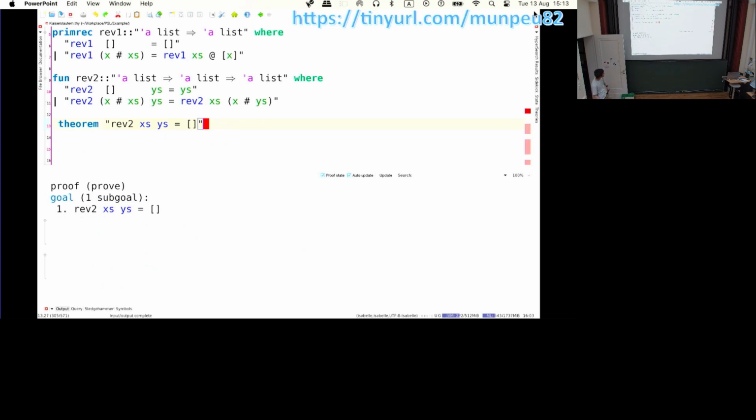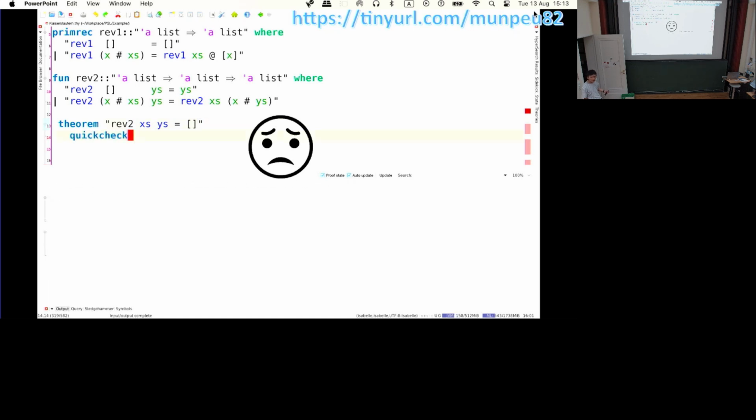Okay, now I changed the proof obligation a little bit on the right-hand side. And this is actually not even a theorem. We can't prove it because it's false. It's bad. So Isabelle has a tool called Quickcheck. And I think Coq has QuickChick or something like that, right? Sorry, Rocq.